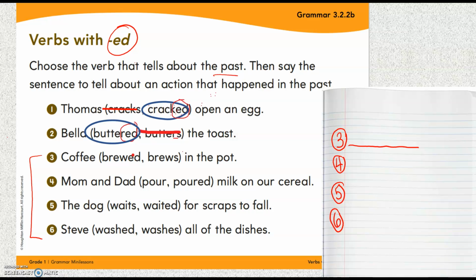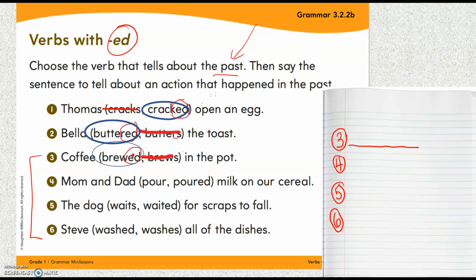Welcome back, scholars. Let's review 3 through 6 and see if your choices match mine. Number 3, the coffee in the pot. Now remember, we are looking at verbs that happened in the past. So I know I'm looking for that ed ending, the coffee brewed in the pot. So it cannot be brews.